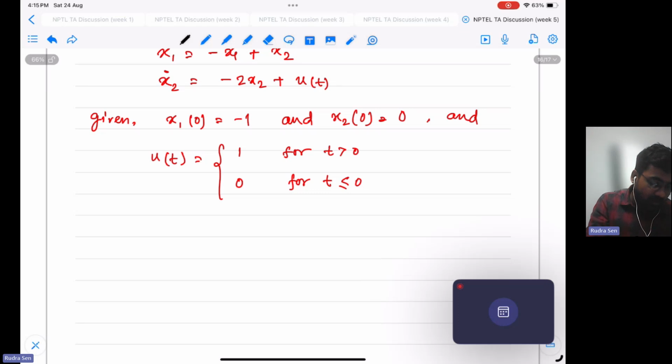So what type of input signal is this? This is basically a step input, right?